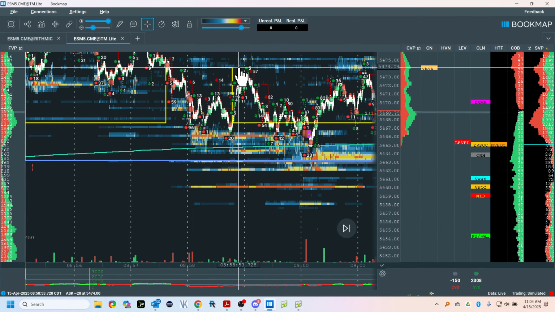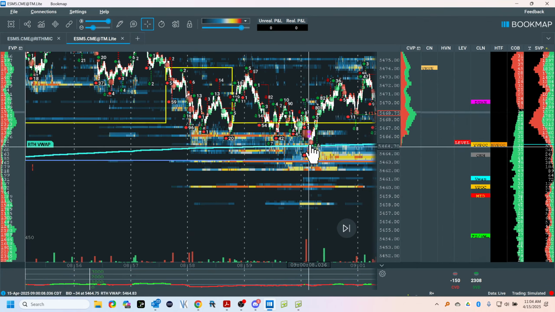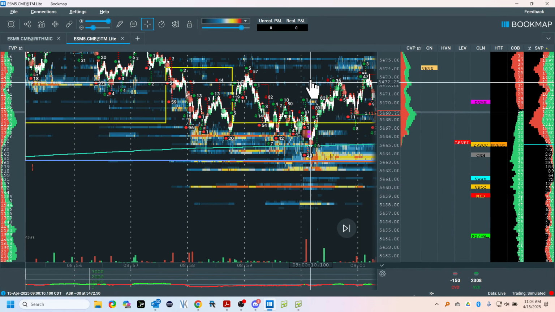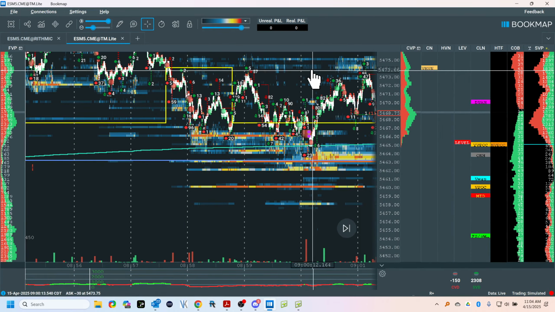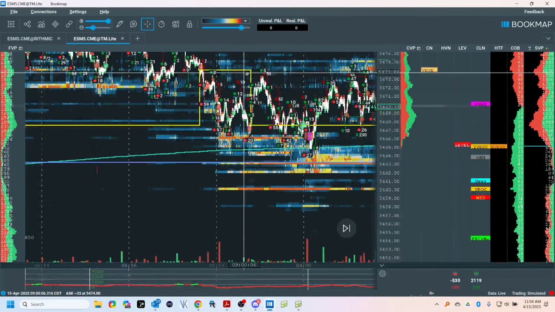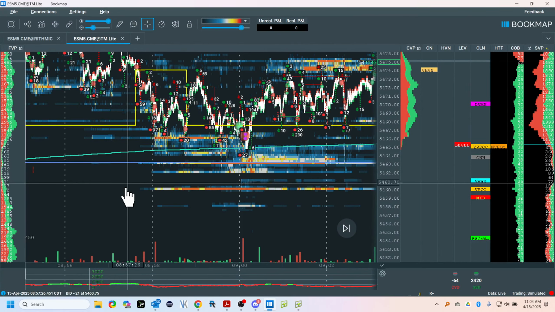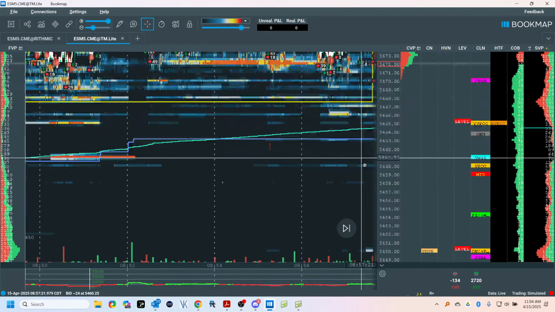What might we do? Well, if we get VWAP to VPOC, might we come back in an up context and test what was too high? Right there. Target.